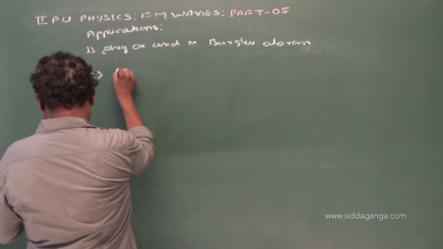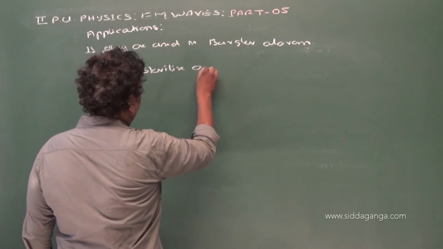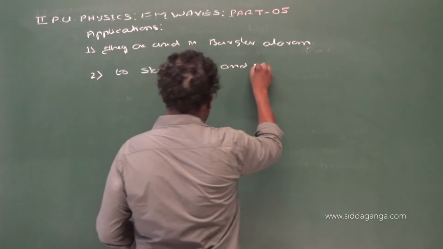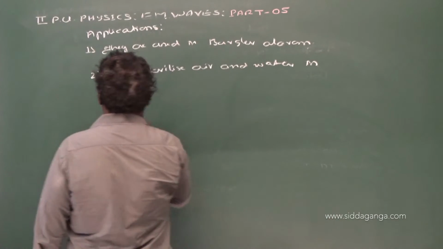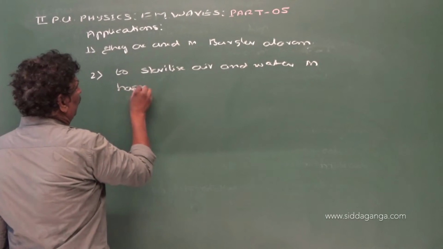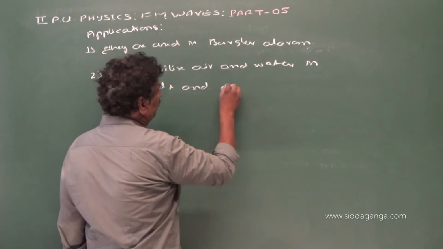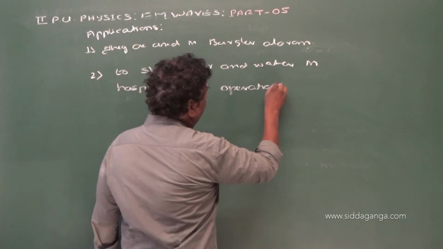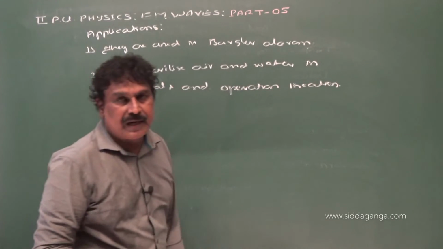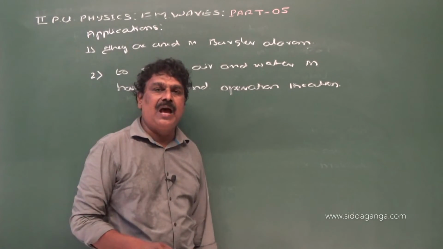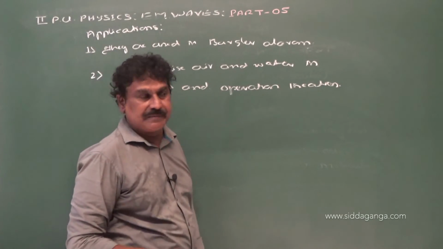The second one, to sterilize air and water in hospitals and operation theaters, right? Now, ultraviolet radiation has the property to kill some bacteria and viruses.